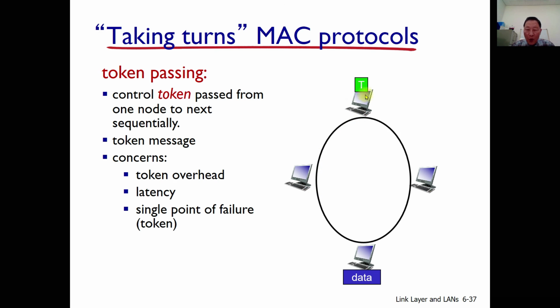If one node gets that token, then this node can send. After sending, the token will be released to the next node, and the next node will have that token. While holding that token, it can transmit its message.